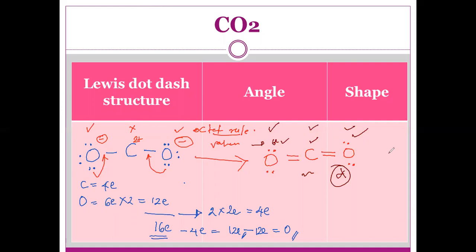You have only the 2 double bonds, which means you have 2 repulsion units. If you have 2 repulsion units, you will end up with 180 degrees. So that gives the shape and the geometry also.